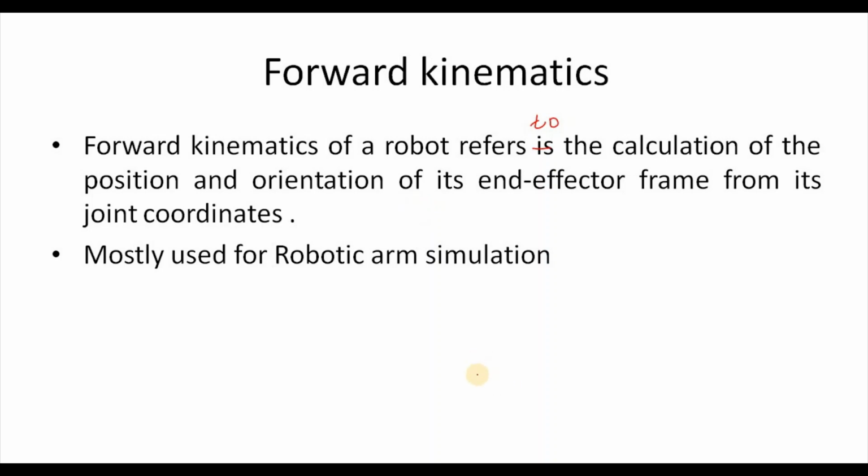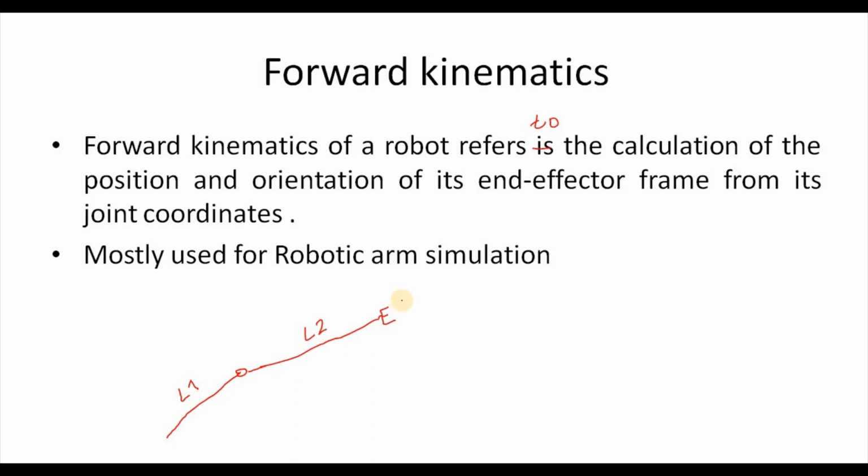So if we consider a robotic manipulator, we can represent it using some links here. So this is a two-link robotic manipulator, let's say, and this is link 1 and this is link 2 here, and you have the end effector here, the gripper or something. So what is forward kinematics?